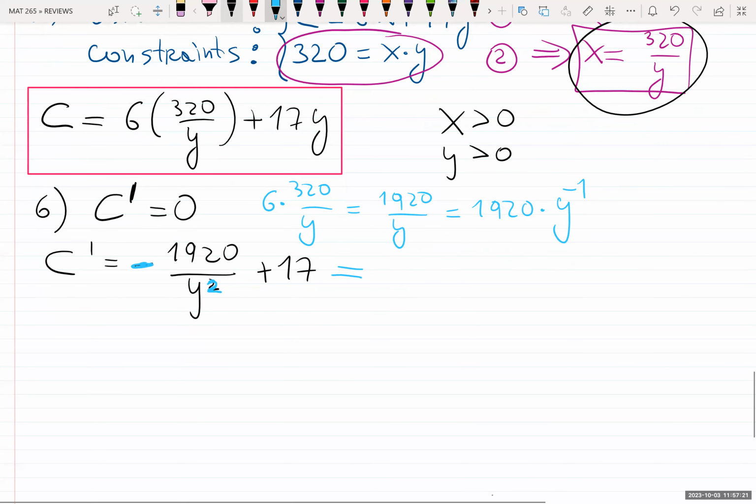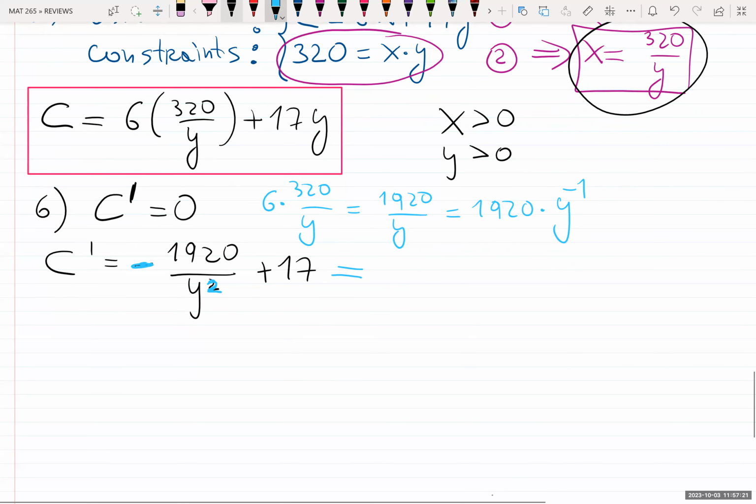Let me write it down. Step 7, find critical points, CP. y squared equals 0. A critical point is called critical, so the denominator gives you critical points too. y equals 0 is not in the domain, so we're not going to include it. Oh, it's going to shut down.